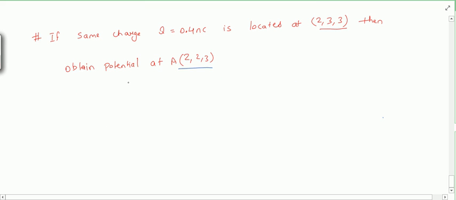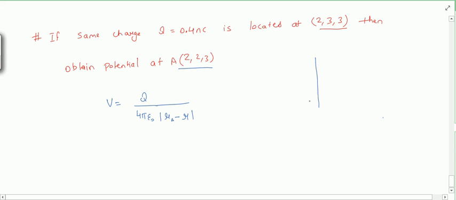So for that the formula was q by 4 pi epsilon naught times the magnitude of the distance between them, that is Ra minus R. Previously I have written R minus R1 because I have considered R vector here and R1 vector for the position vector of charge.